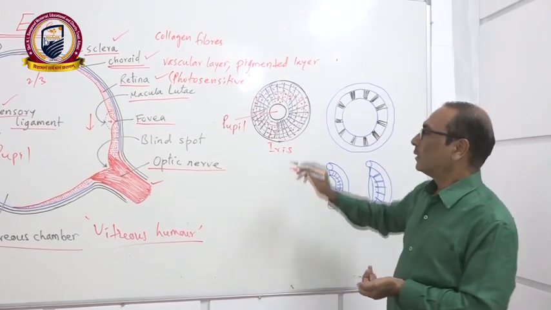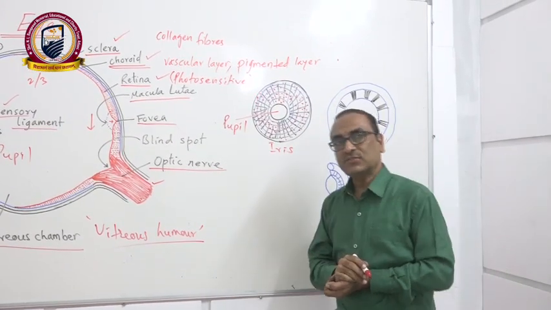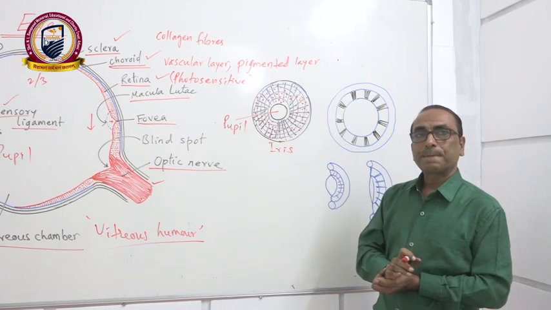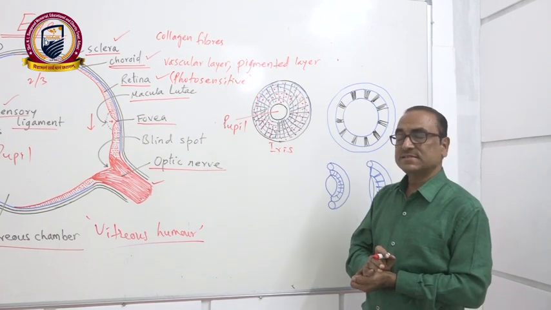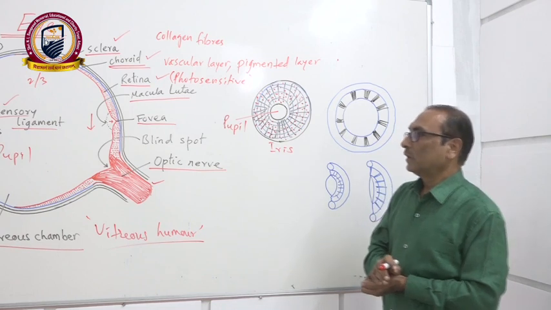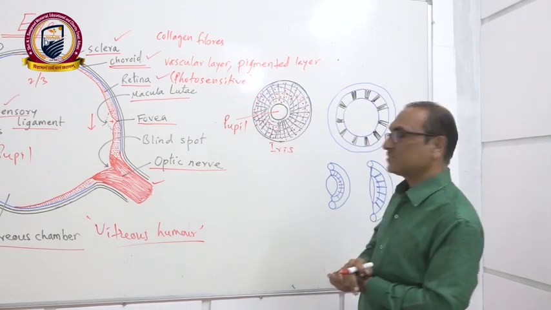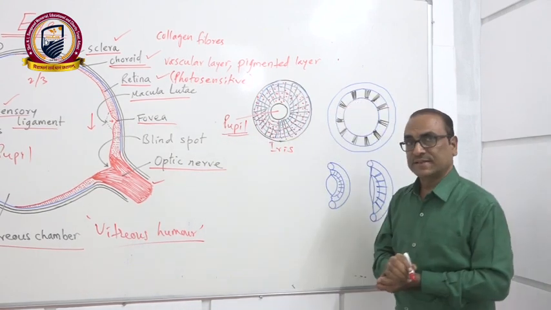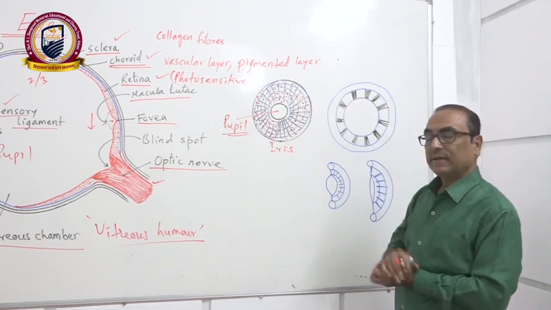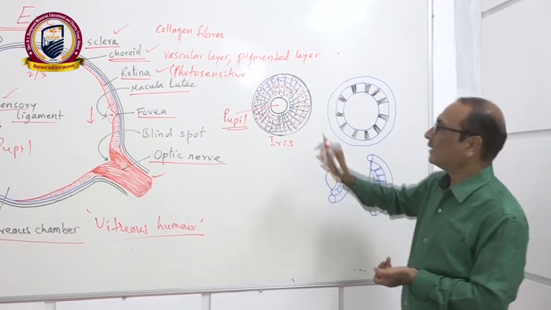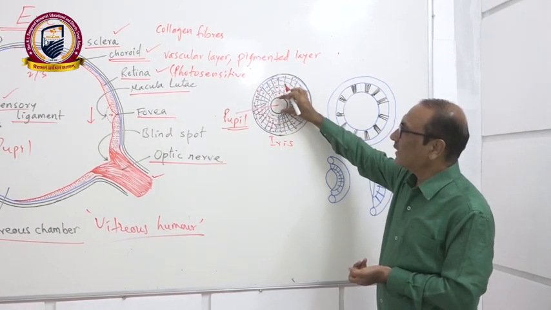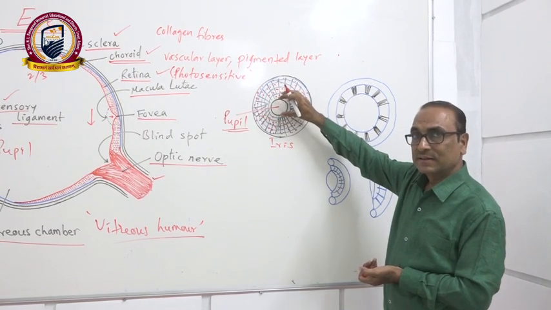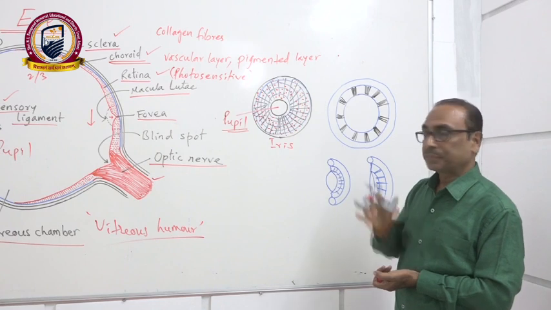I have told you one function of the iris is to prevent excess entry of the radiations inside the eyeball. It has got the opening or aperture in the center called as a pupil, and size of the pupil can be adjusted by the iris. So it is helping in making the pupil, this aperture, narrow or wide as and when required.